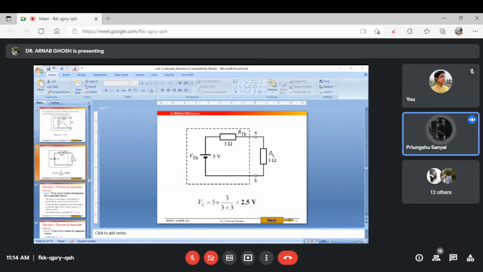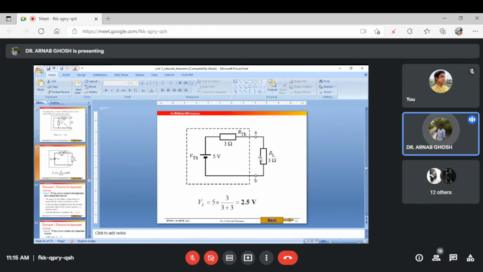Sir, V is equal to IR. So the voltage across this load resistance is 5 into 3 by 3 plus 3. Yes, sir, this is the final Thevenin's equivalent circuit, and then we are applying the voltage divider rule. So VTH is 5.